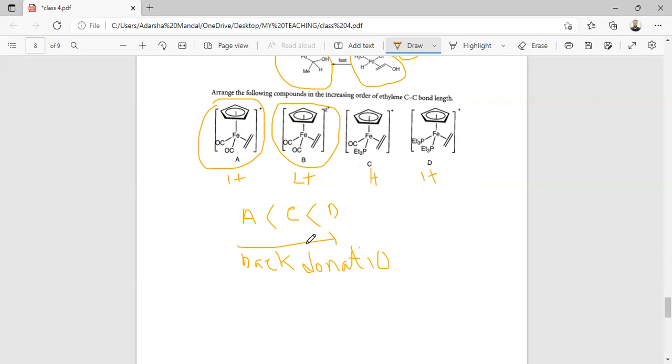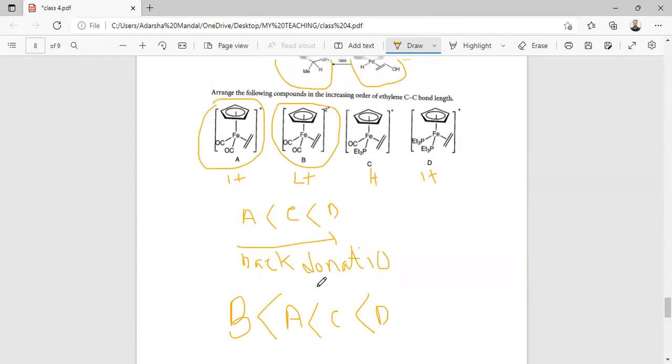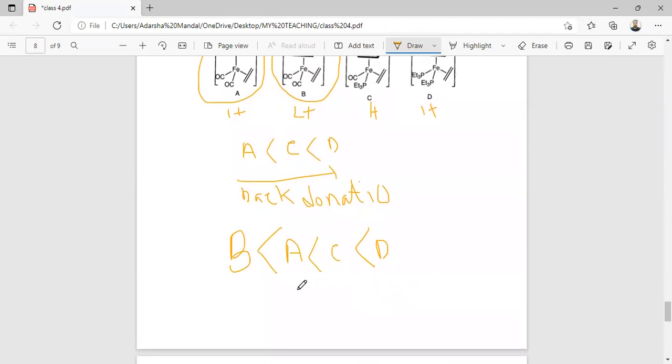So that's why the metal CC bond length will increase. So the final order is B, A, C, and D. So D has the longest CC bond length.